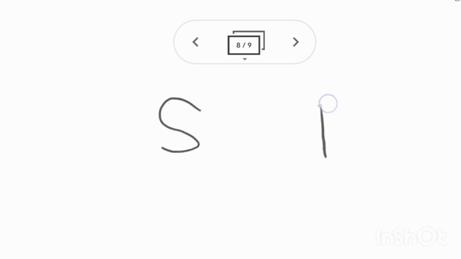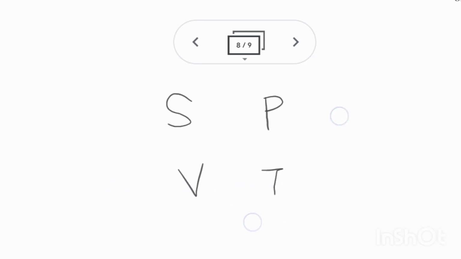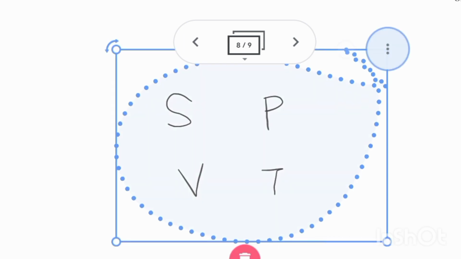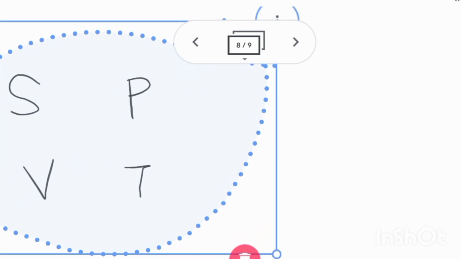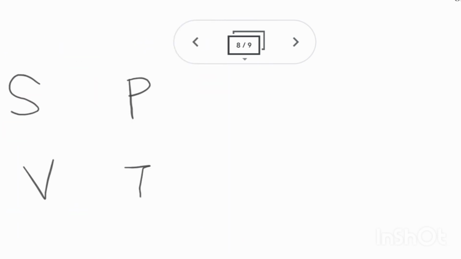Let me take this on the other side. Now what you have to do is take any three variables, so let me take S, P, T.